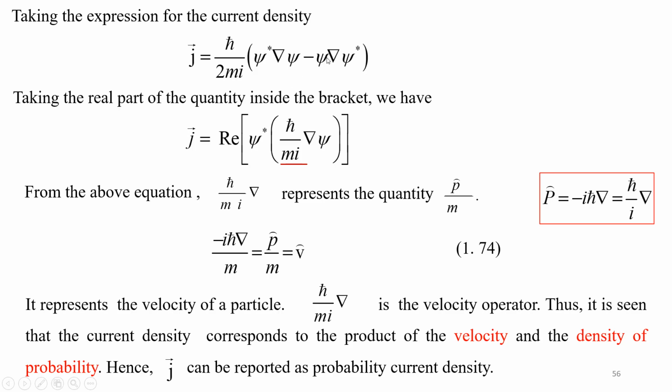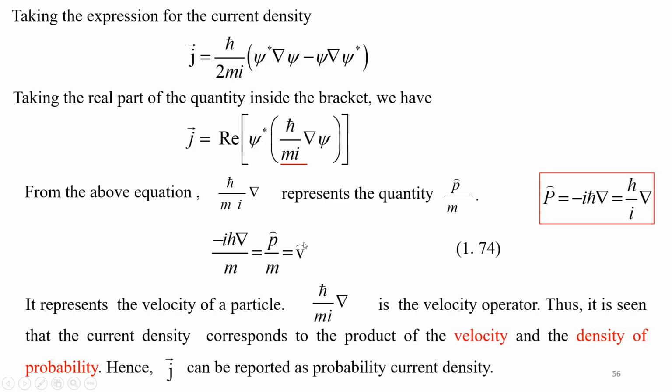So J equals the real part of ψ* (ħ/mi) ∇ψ. Now take the expression ħ/mi ∇. We know that the operator P can be expressed as −iħ∇; dividing by i, i squared gives minus one, already one minus is there, so this becomes plus. So ħ/i ∇ is nothing but your P, and with m it represents P by m.